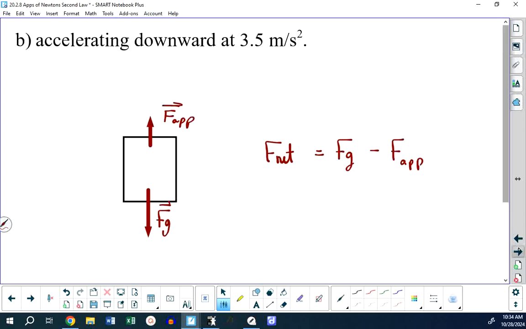If we have this question, then it's going to be MA times 3.5. Again, the direction is built into how we set up the equation. We're not going to put negative because it's down. Equals 3,200 times 9.81 minus the applied force.